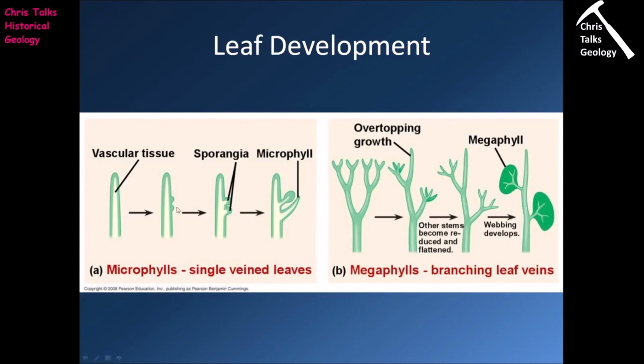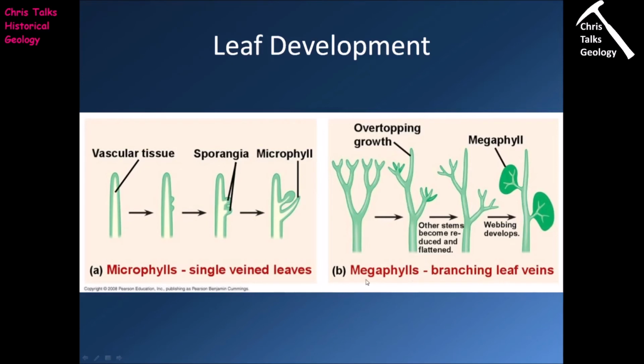And so over time, these imperfections are going to become more and more accentuated, and eventually they're going to lead to the formation of simple leaves with a single stem. You can see it right there. Okay. So these are microphylls. These are single vein leaves.